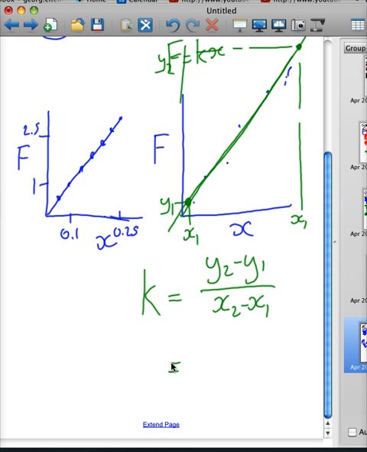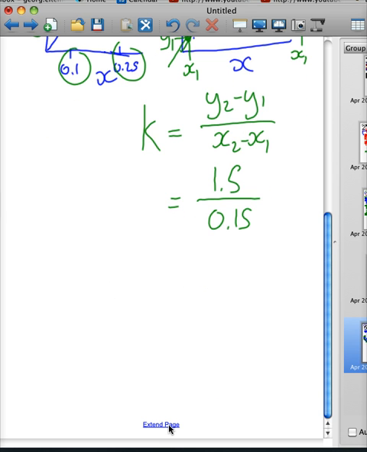We've got k equal to y2 minus y1, 1.5, over x2 minus x1, 0.15. 1.5 divided by 0.15 is 10 newtons per meter. That is the spring constant value for the spring we just saw.